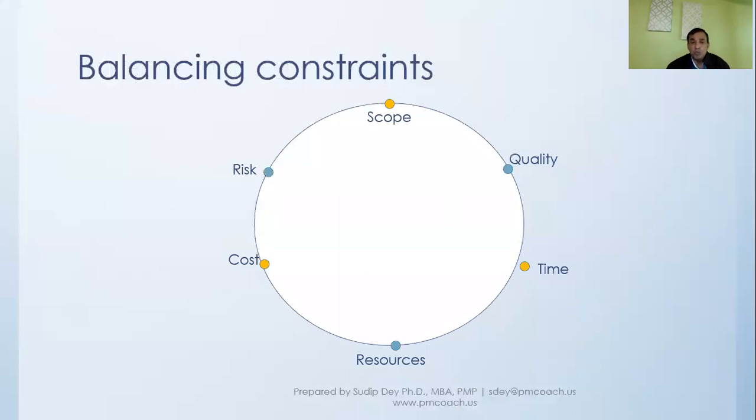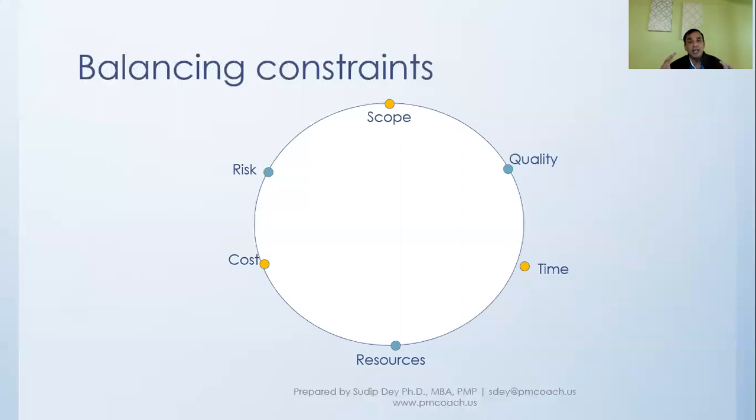And you put them together so that they all match up. For example, your cost and time are justified based on the scope and the risk you have considered, the kind of risk that has been included in the cost. You have also taken resources. So it is a very balanced thing.